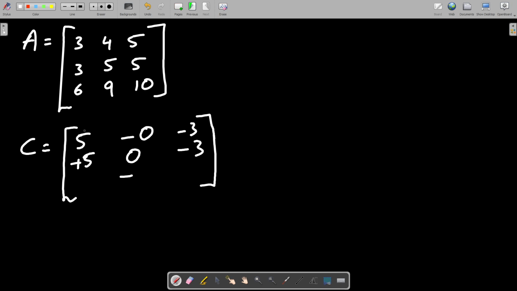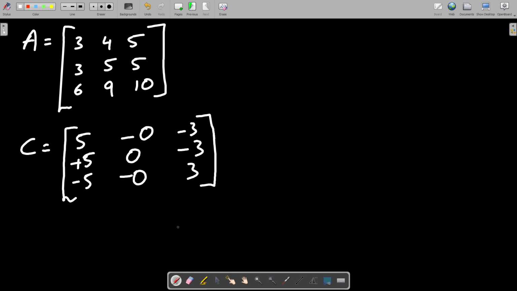Next, this will be 4 into 5, that is 20 minus 25, so minus 5. Next is 3 into 5 minus 3 into 5, 0. Next is 3 into 5 minus this thing, so plus 3. Notice that all 3 rows are basically the same thing except for one minus sign there.